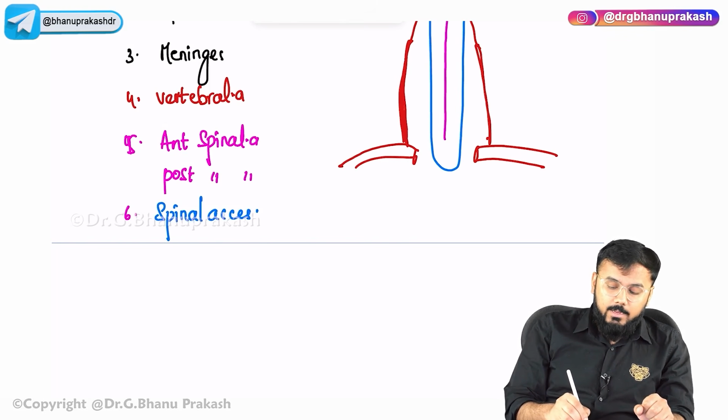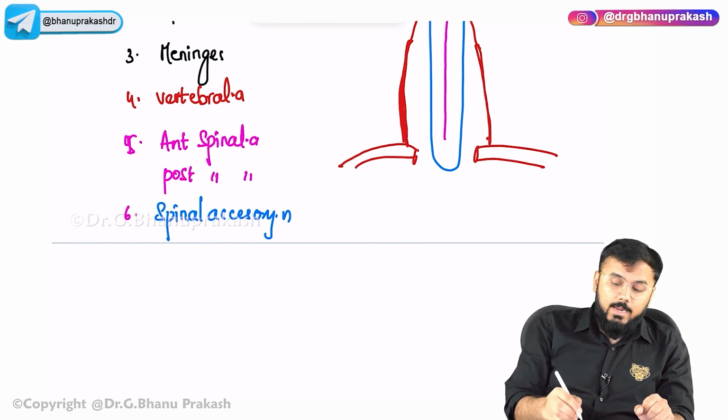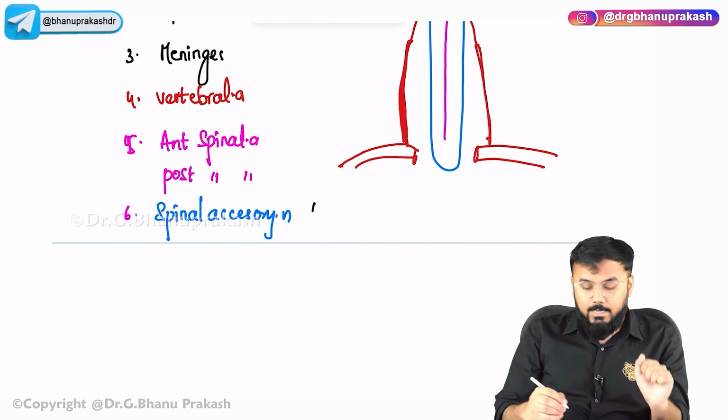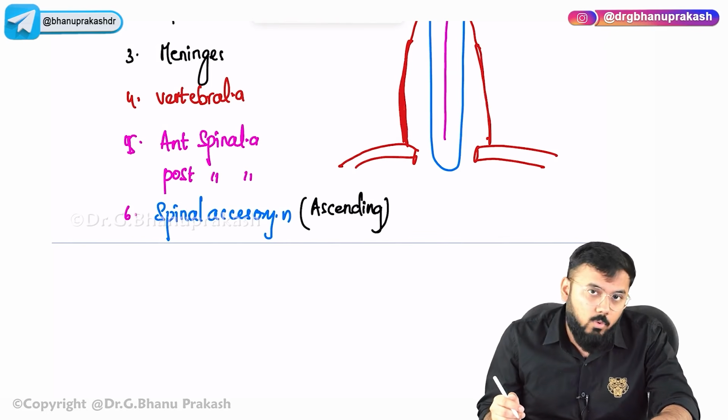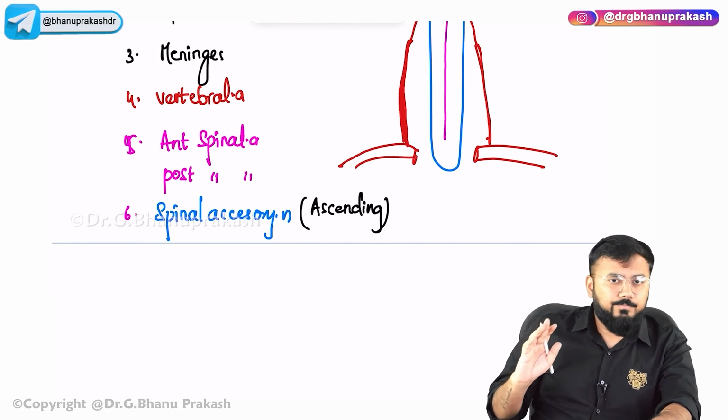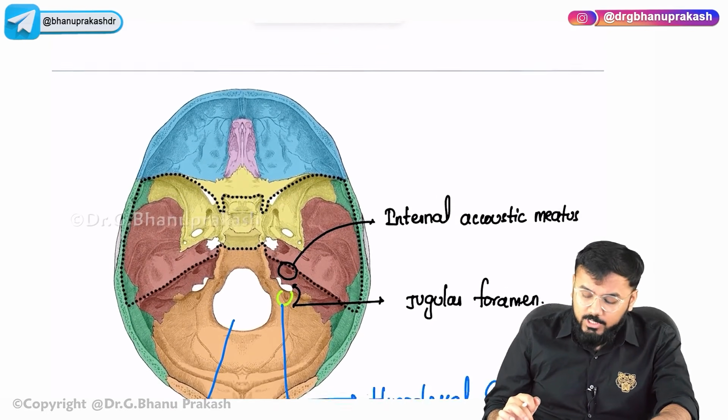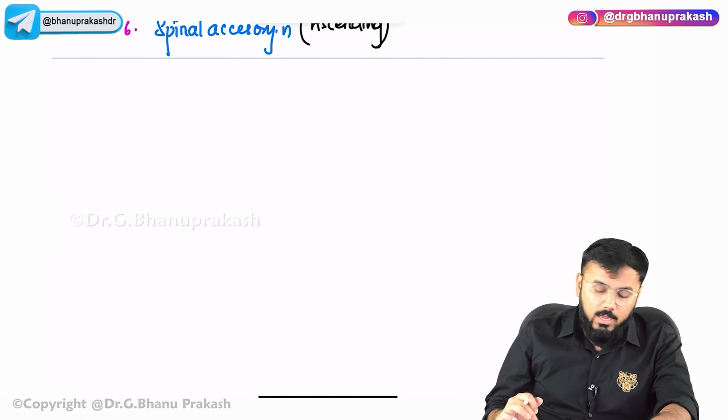In the spinal accessory nerve there is an ascending part and a descending part. The ascending part of the spinal accessory nerve also passes through this particular opening.